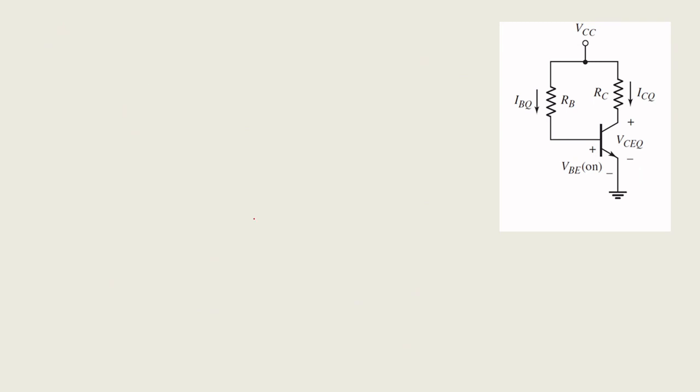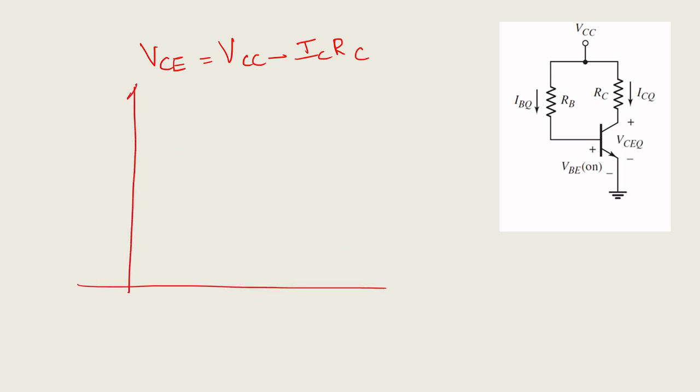So what we have determined is the master equation: VC equal to VCC minus ICRC. Now, while explaining how to find the operating point, first, output current, output voltage.